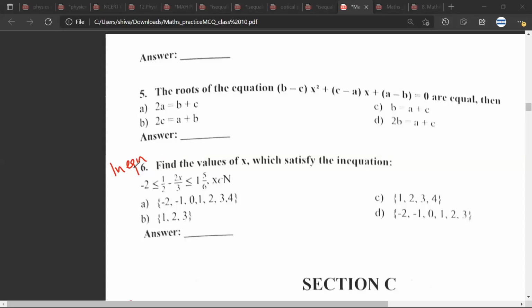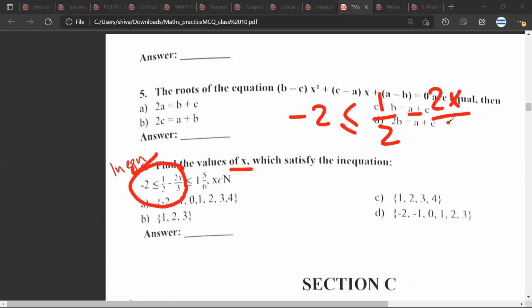How should we do question 6? Find the values of x. So we have to solve the inequation first. Okay, so we'll solve half minus 2x by 3, and when we solve this, we will get x is greater than or equal to minus 2.